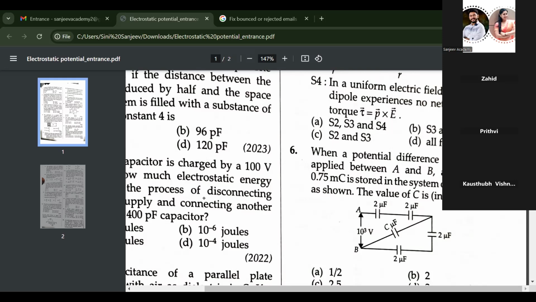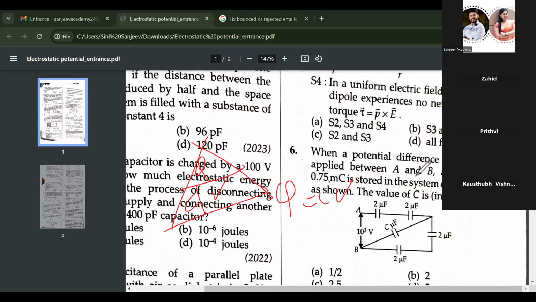Same concept I'm going to use: Q is equal to CV. Only one triangle we have, that is this. Capacitance I already found out: C plus 1 by C plus 2.